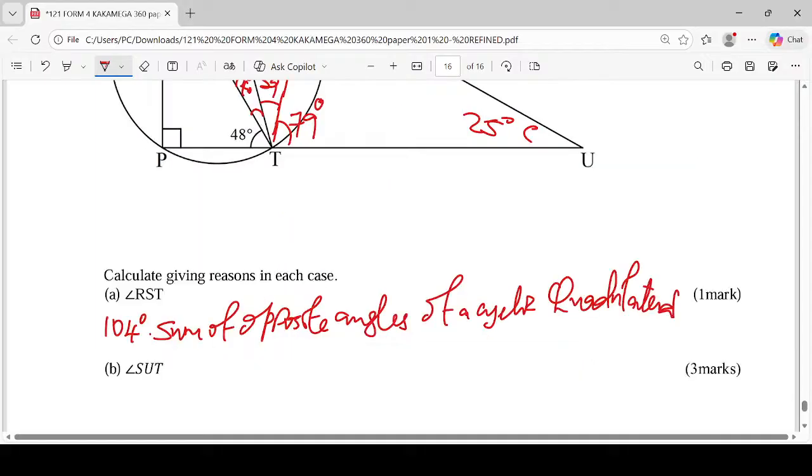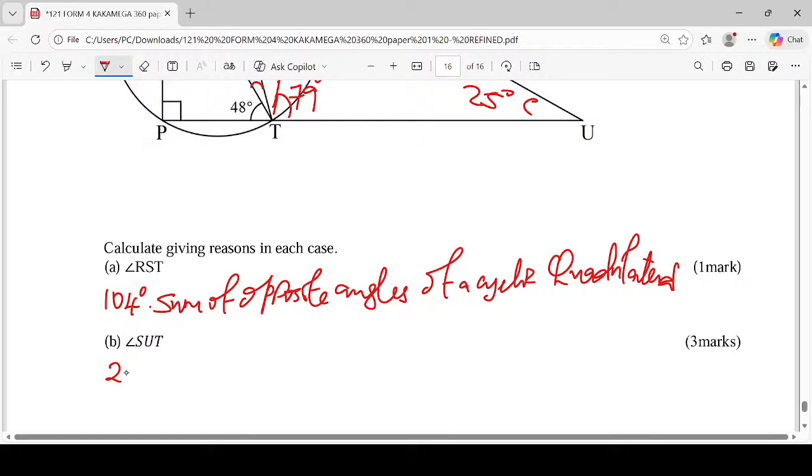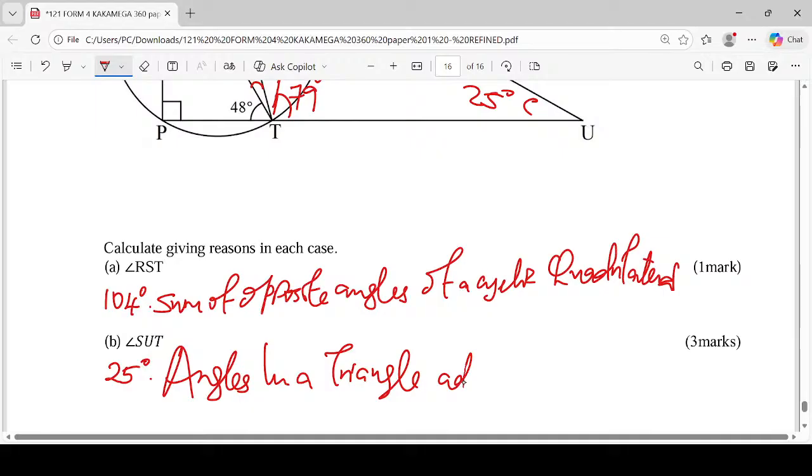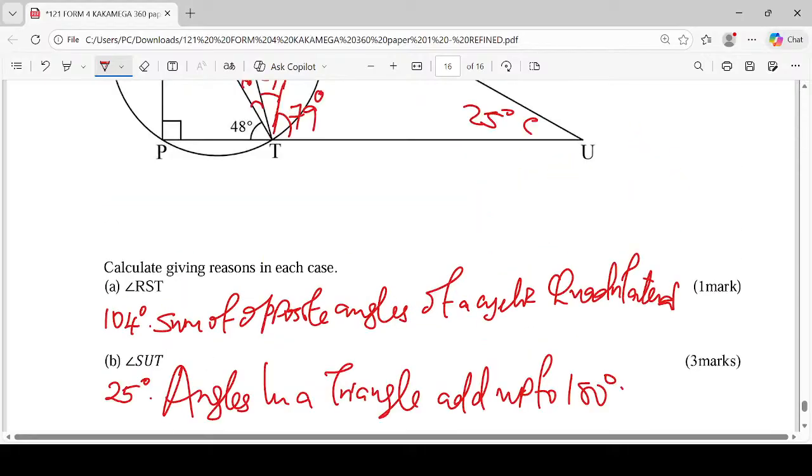So that angle there is 25 degrees. You can say the reason here, angles in a triangle add up to 180 degrees.